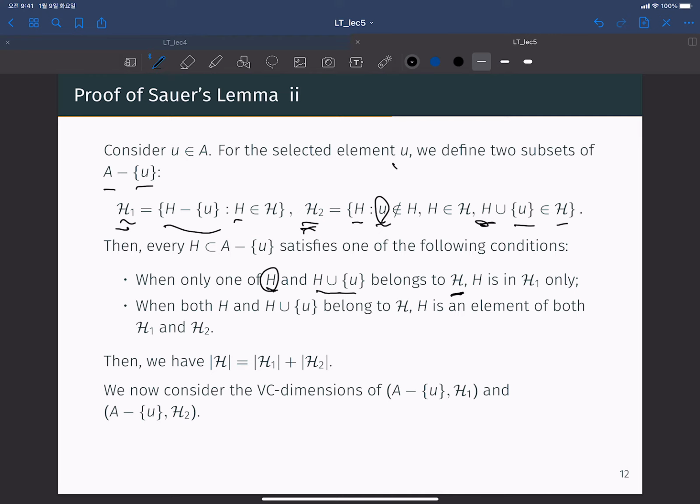So this is H itself. And H belongs to the original hypothesis set H. This is true. So H is also a member of H1. Let's check whether this H is a member of H2 or not. When only this is true, then this is not correct.